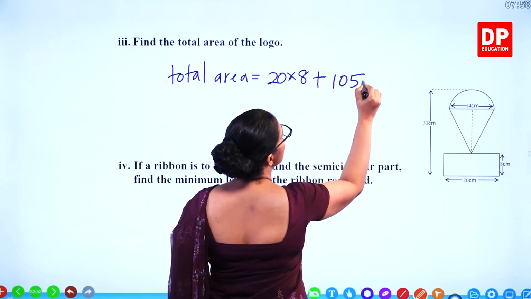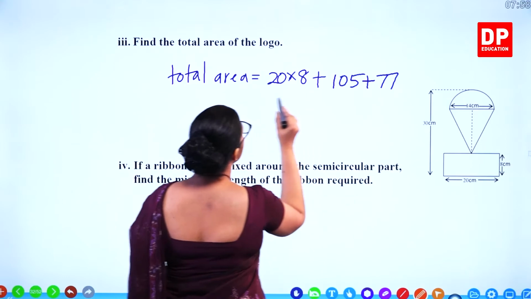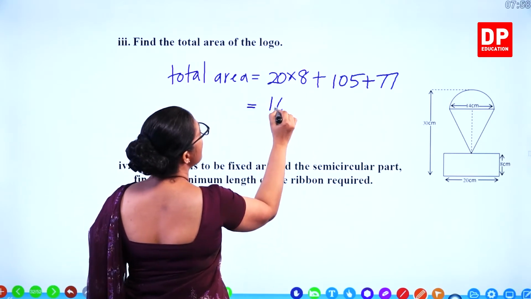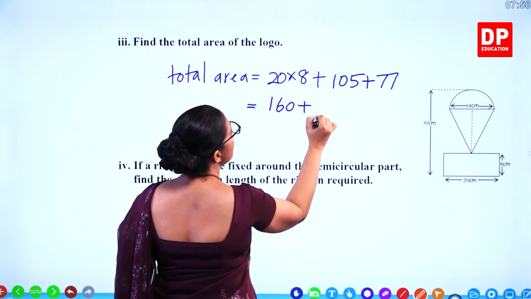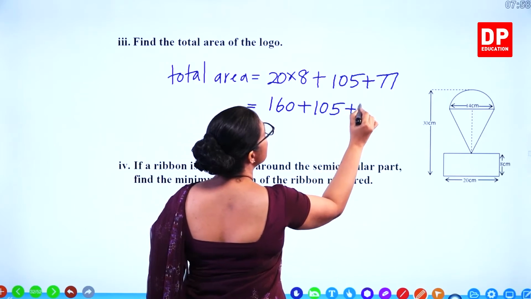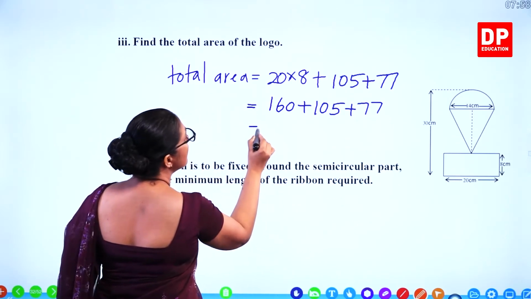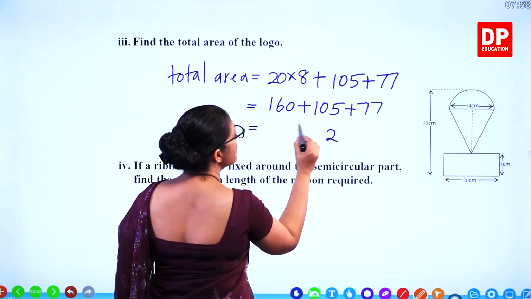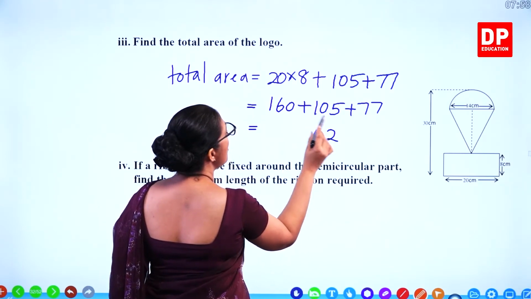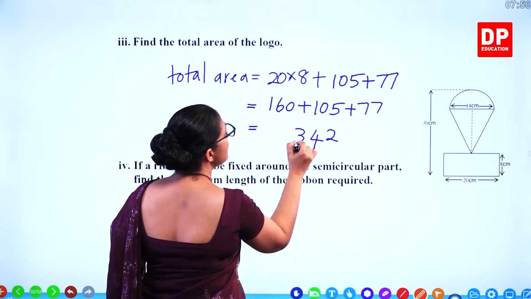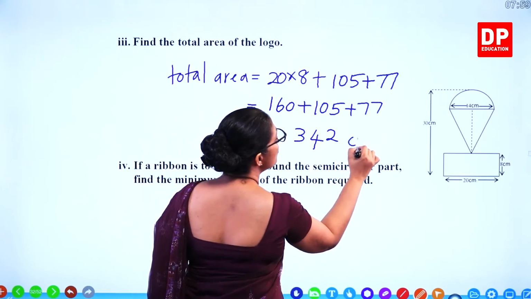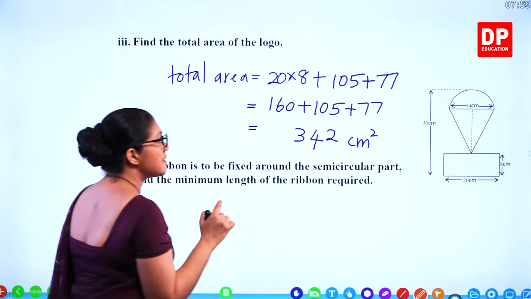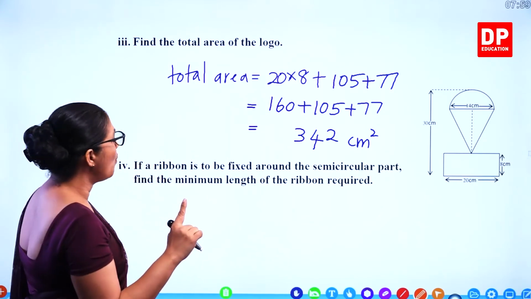You add these two. 160, 105 and 77. 7 plus 5, 12. 1 remaining and 7 and 7, 14. 1 remaining and this is 3. 342 square centimeters is the total area of the logo.